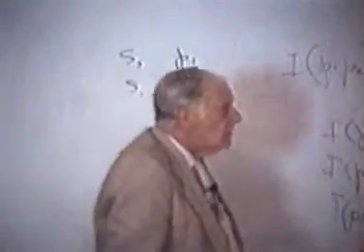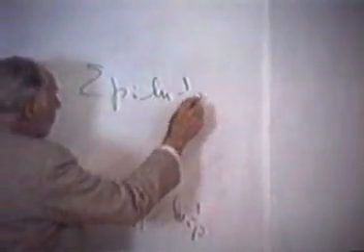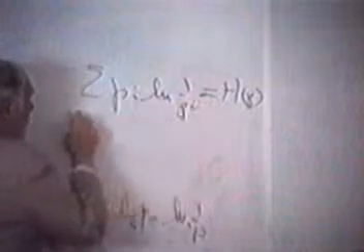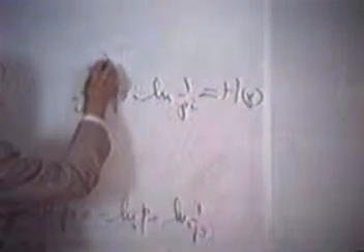Well, it's easy. The probability of seeing the symbol times the amount of information I get from that symbol, with i running over the whole alphabet from 1 to q, will be the amount of information on the average.